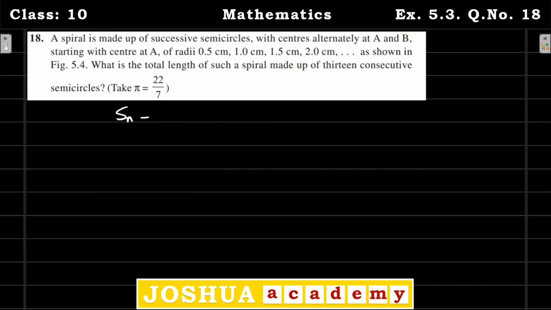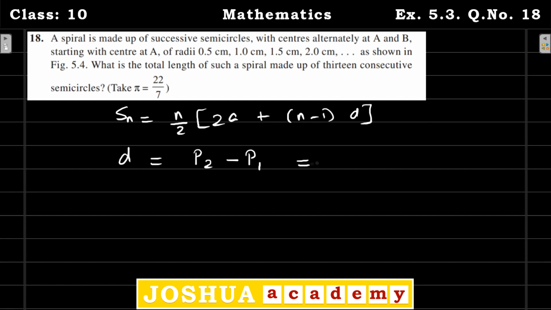We have the formula Sn equal to n by 2 times 2a plus n minus 1 times d. Now I find d. d is equal to the perimeter of the second semicircle minus the perimeter of the first. The perimeter of the second is pi, the first is 0.5 pi, so the difference d is 0.5 pi. And a is the perimeter of the first semicircle, P1, equal to 0.5 pi.